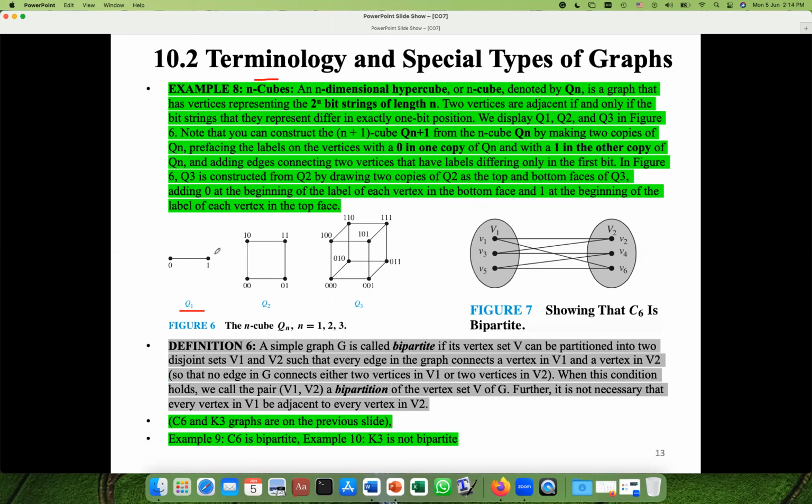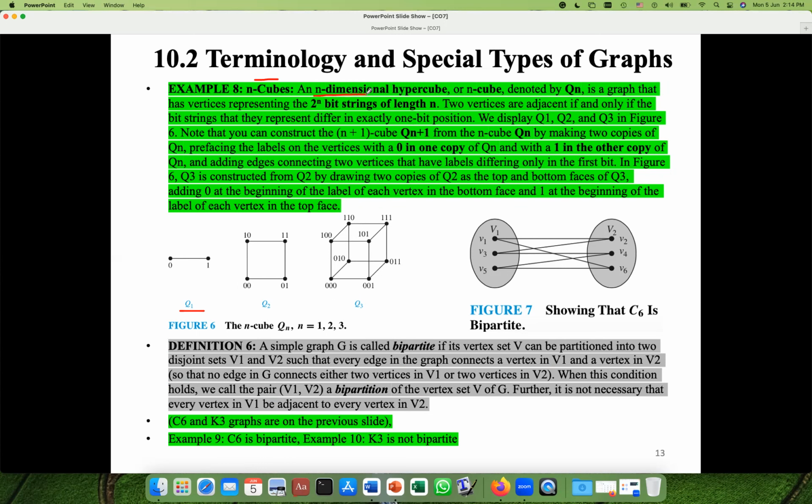Normally when you have a cube, that cube is drawn on the concept of 2 raised power n bit strings.